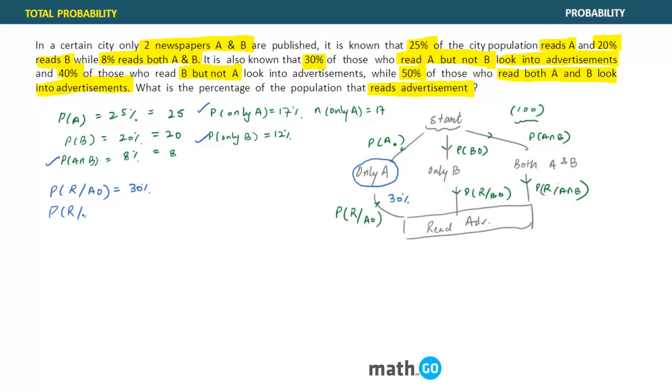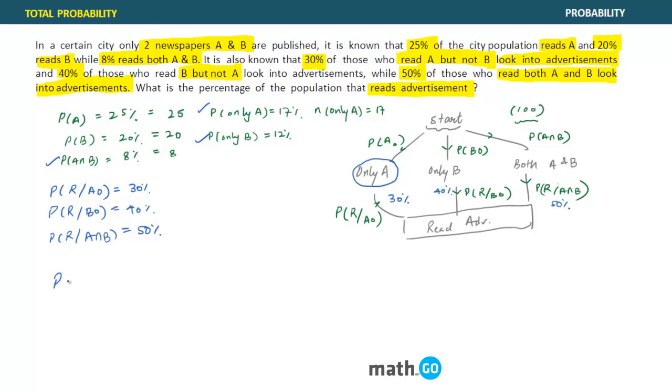When they read newspaper B alone, it is given to be 40%, and for A intersection B it is given to be 50%.